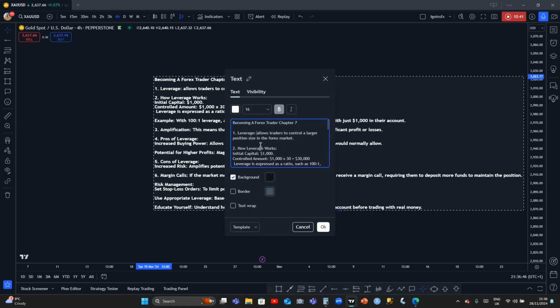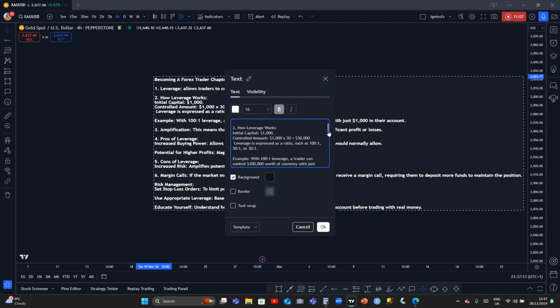Because you don't have enough capital, if you have one, they add another one to it that will enable you to take position in the market. So leverage allows traders to control a larger portion size in the forex market.